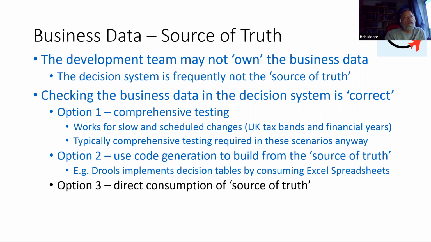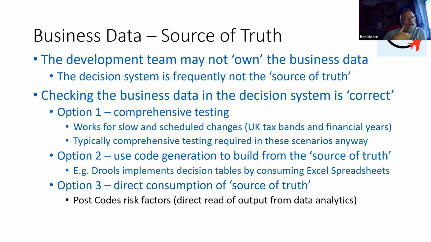A third option is to directly consume from the source of truth. Postcode risk factors is from a slide which I had to remove because I was going on for too long.